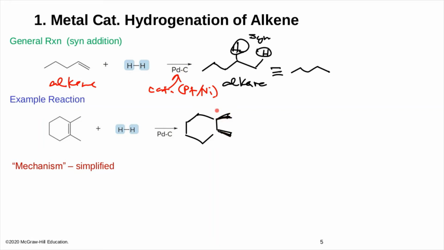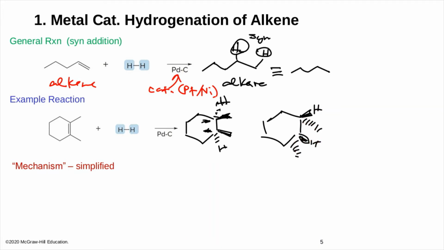If I added the hydrogens from the bottom, my methyl groups go up because they're adding to the same face, the bottom face of that ring. Now I've got 2 chiral carbons that I formed here. So instead of both hydrogens adding to the bottom, we could also add both hydrogens to the top here, which would push our methyl groups down.